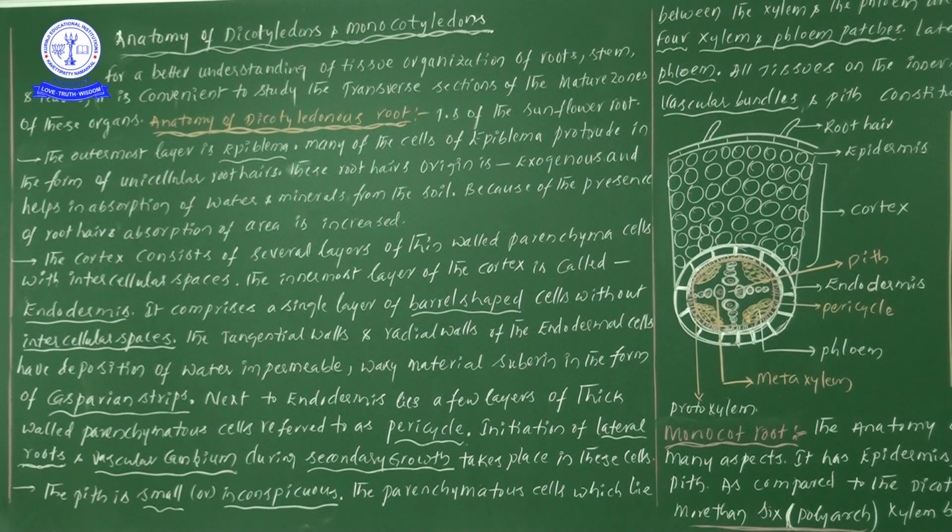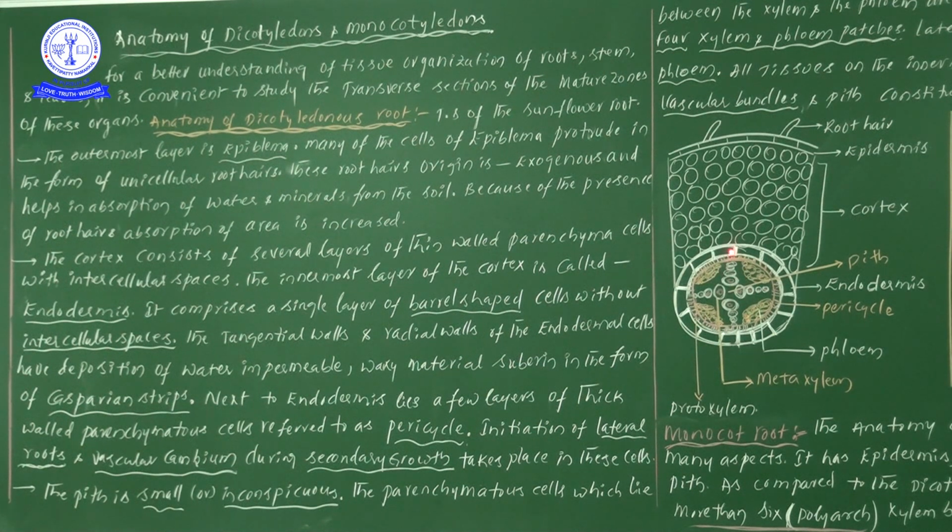See here, this root hair absorbs the water and minerals present in the soil. If the endodermis is impermeable, how will the water and minerals coming from the root hair enter the xylem? They cannot.